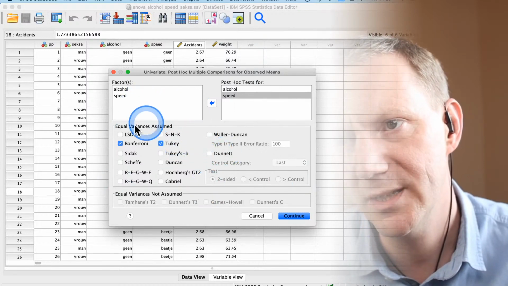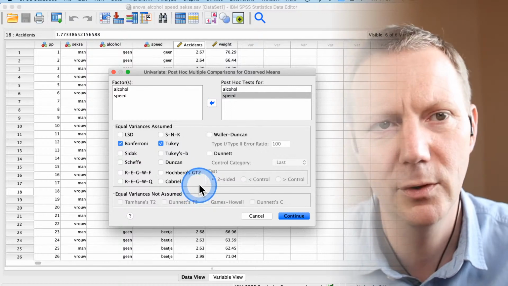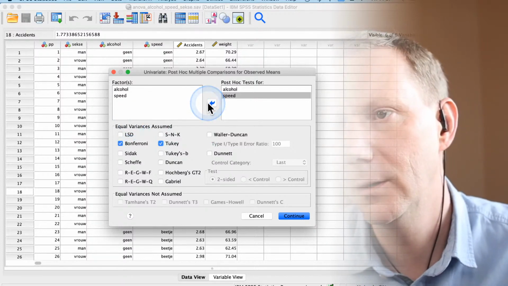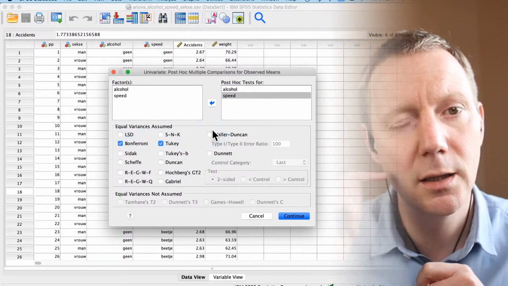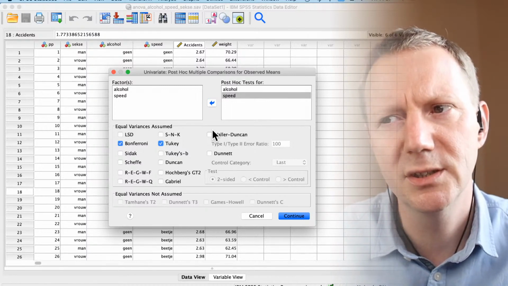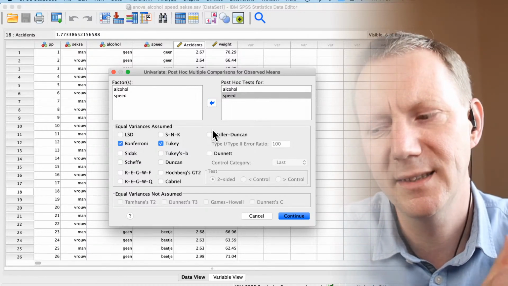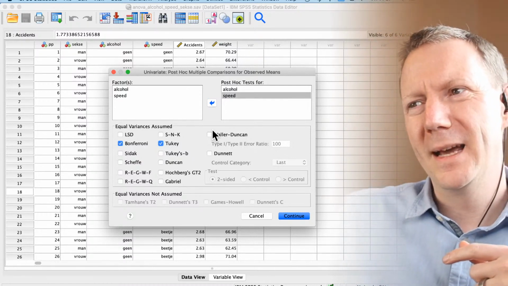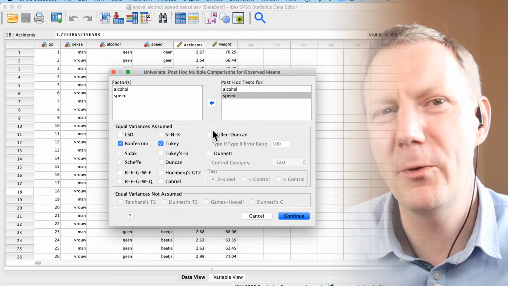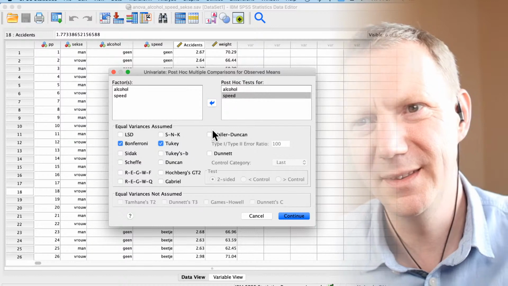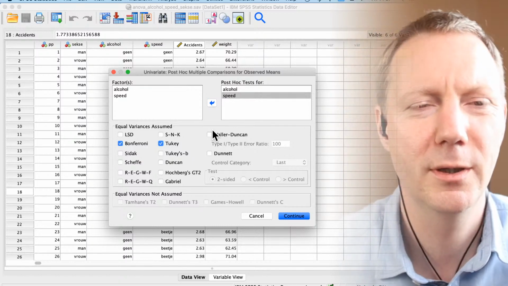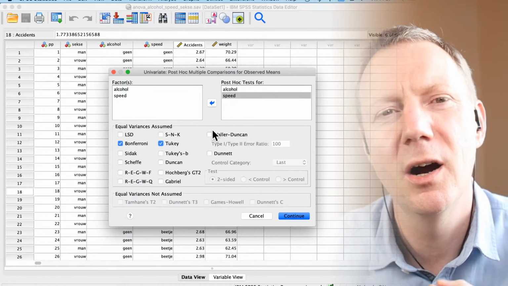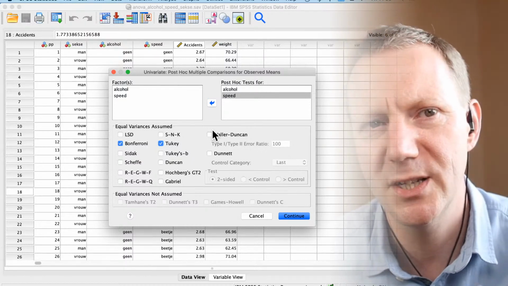Again, we have a lot of post hoc tests here, and you don't have to know the differences between all these types of post hoc tests within this course. There are, of course, differences, and you could dive into the technicalities of these differences, but the preferences for these post hoc tests, or in general for certain kinds of analysis, are also related to the journal that you're writing for.